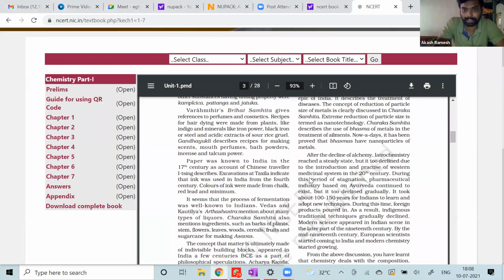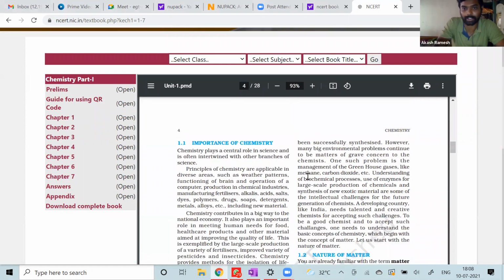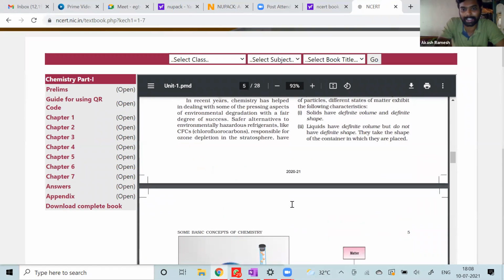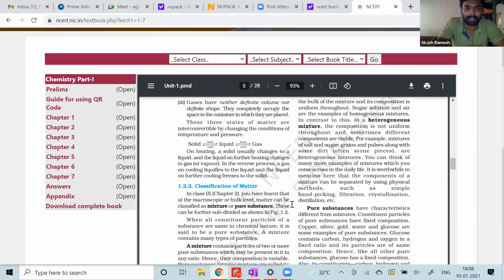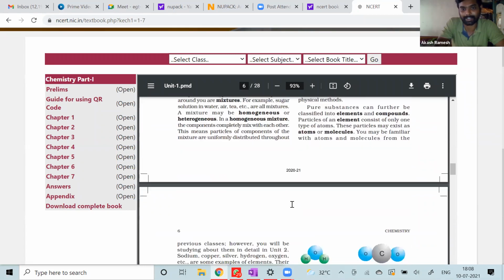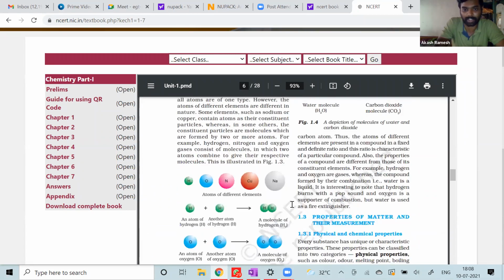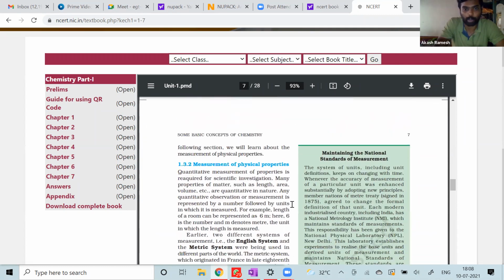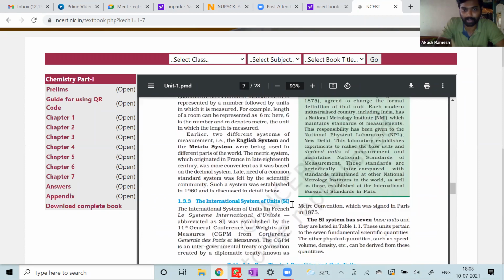Oh God, this and all they're teaching. Do you want me to teach all this? Gas, solid, liquid, matter. All these things I already studied in ninth class. That's why I didn't teach you. But if you want me to teach you again, not a big deal.